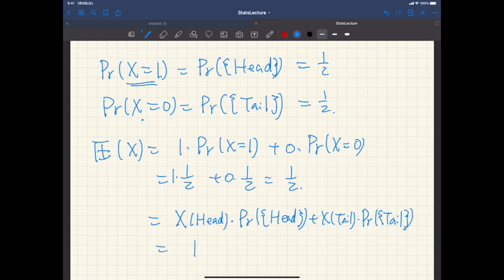So that's 1 by definition, and this is 1/2 by definition, and this is 0 by definition, and this is 1/2 by definition. In either case, we get the same results.